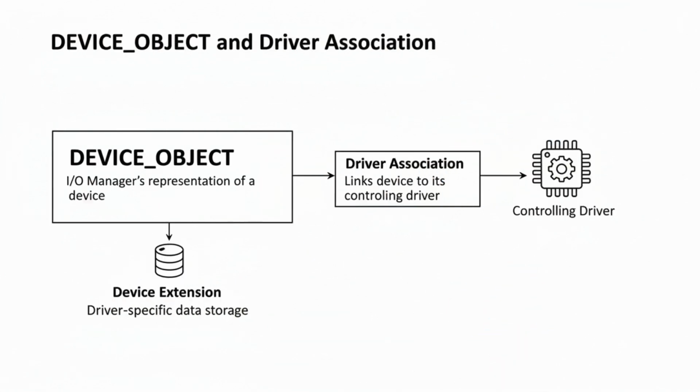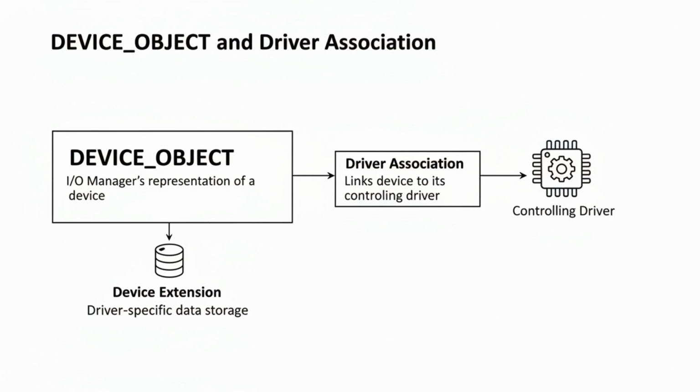While the dev node represents a device from the PnP Manager's perspective, the I/O Manager uses a different but related structure called the device object. Every driver that claims a PnP device creates one or more device objects to represent its interaction with that device. A key aspect is the driver association, where each device object contains a pointer to the specific driver object that created it.